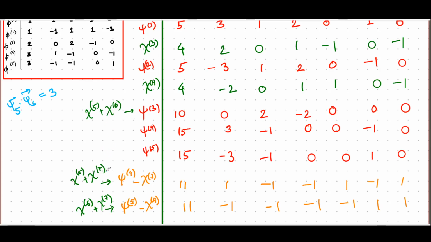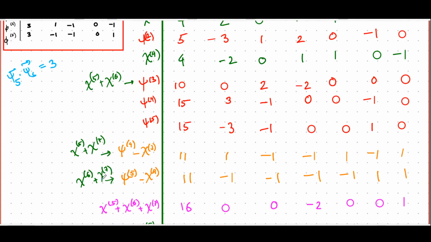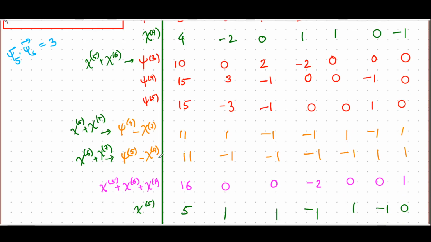Simple, if you just add these 3 and have the result, you are going to get chi5 plus chi6 plus chi7, which is simply seen to be this. 10 plus 11 plus 11, that's 32 divided by 2, that's 16 goes here, and so on. And so you can find out chi5, for example, from this simply by subtracting chi6 plus chi7, which is here, from this line, and this gives you chi5.